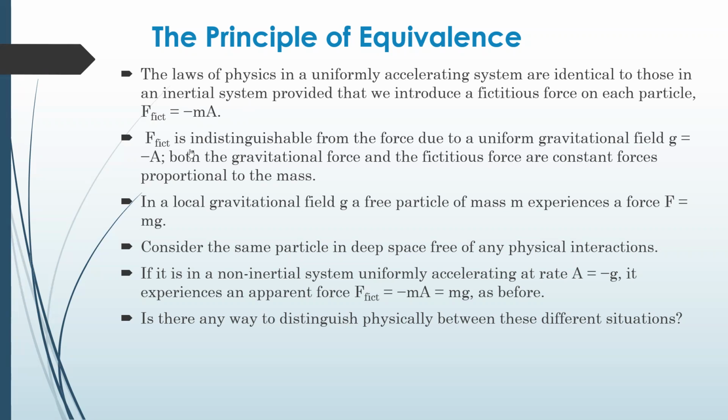Here the fictitious force F fictitious is indistinguishable from the force due to a uniform gravitational field, g equal to minus A. Both gravitational force and fictitious force are constant forces proportional to the mass.